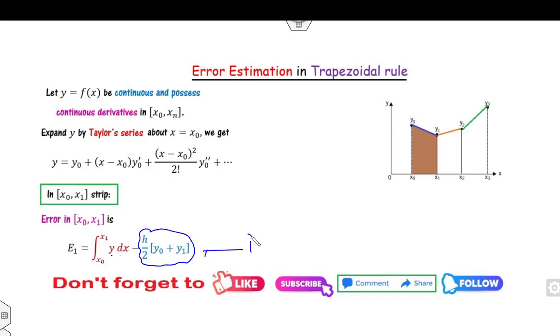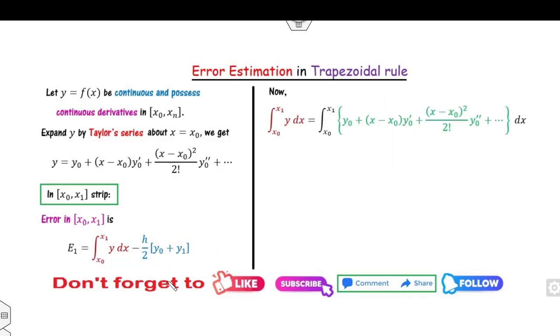Now in order to evaluate the error, our target is to find the value of this integral and the value of h over 2 into (y0 plus y1). So let's start with the first case. I can substitute the value of y in this expression and then integrate with respect to x.